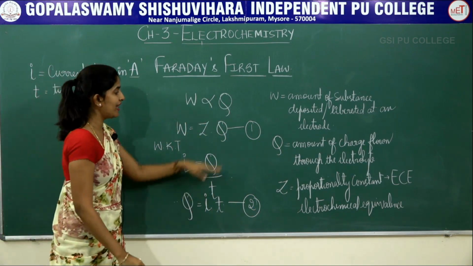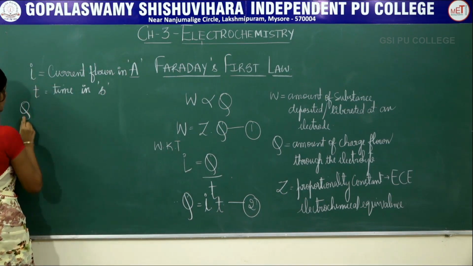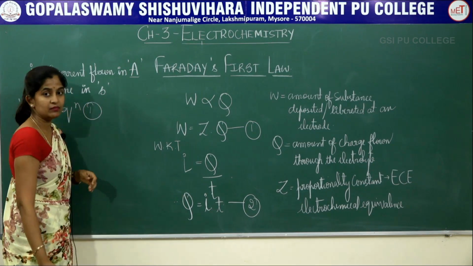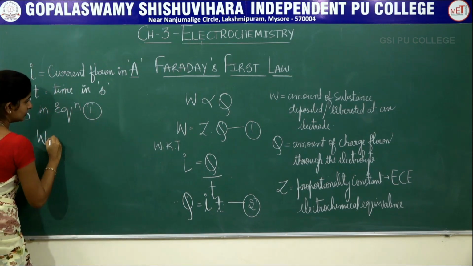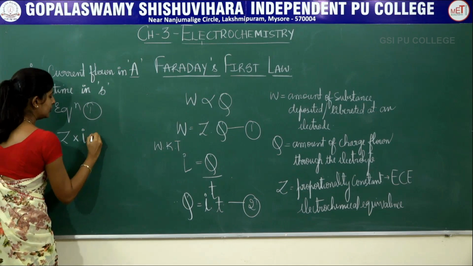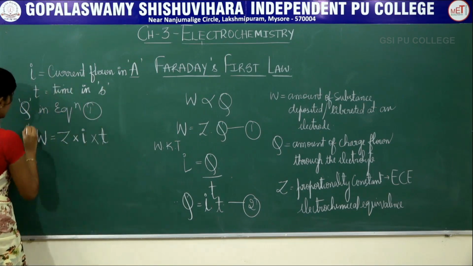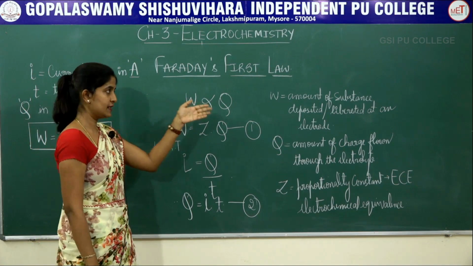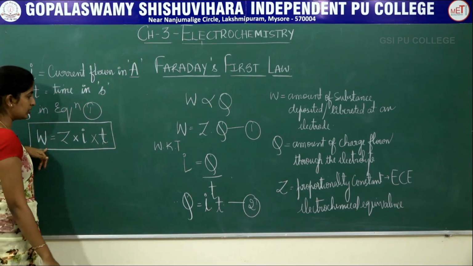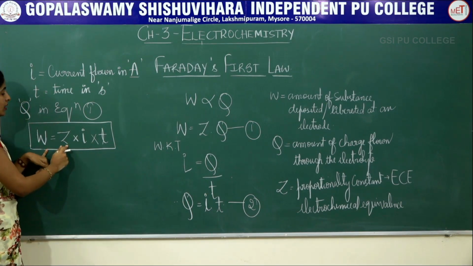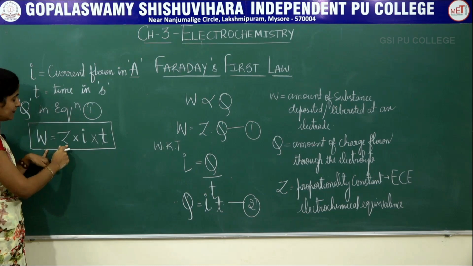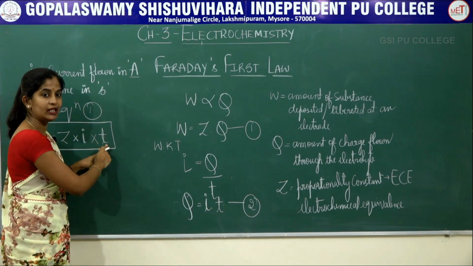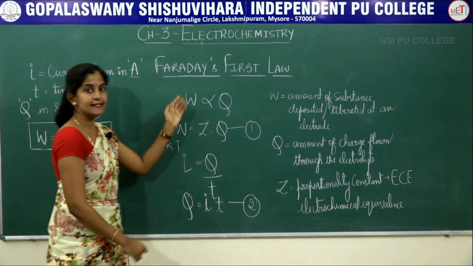Upon substituting the Q value from equation 2 in equation 1, very simple, W is equal to Z into I into T. So this is the mathematical form of Faraday's first law of electrolysis, where W is the amount of substance deposited, Z is the electrochemical equivalence, we'll simply call it ECE, I is the electric current passed in amperes, very important, and T is your time in seconds. So this is the mathematical form of Faraday's first law.